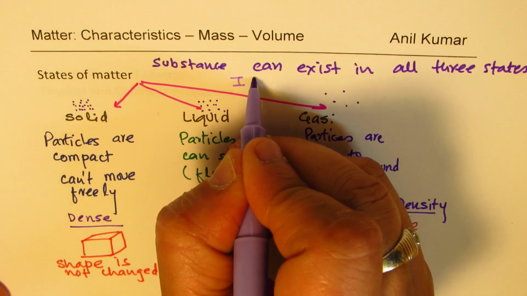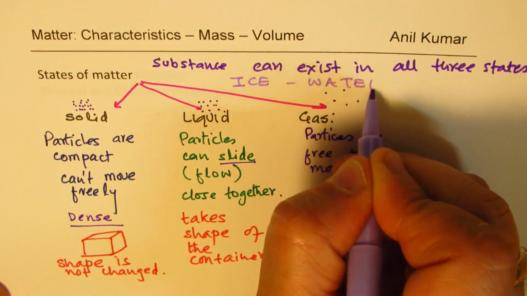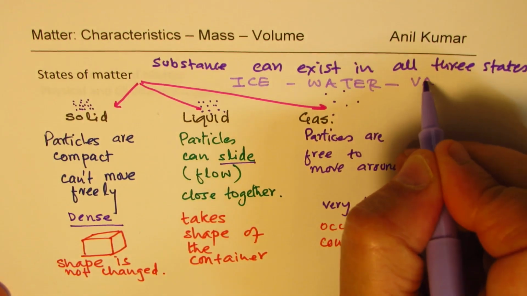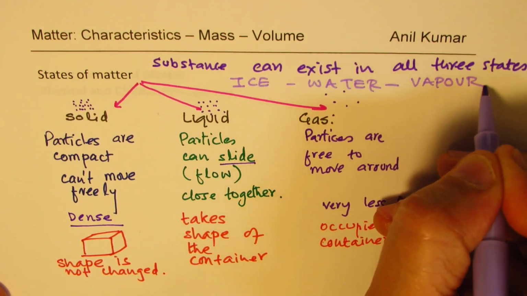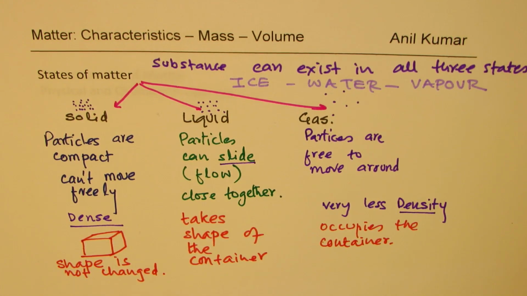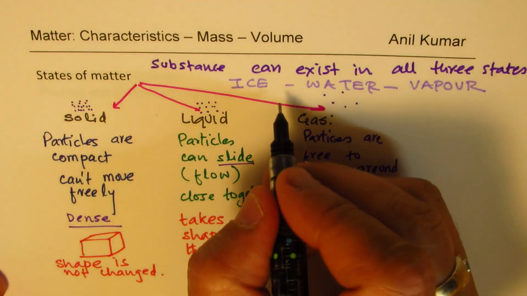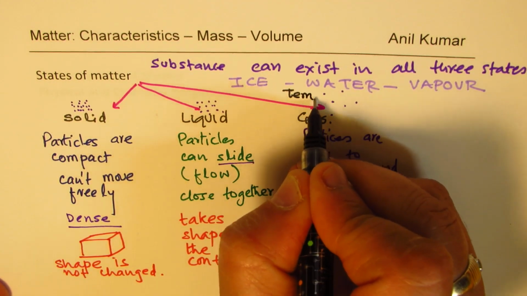Ice is solid, then water, and vapor. So in all three states, it is kind of the same substance we're talking about. Ice is the solid form, water is the liquid form, and vapor is the gaseous form. And the thing which brings change into these things is temperature. So the key word here is temperature.